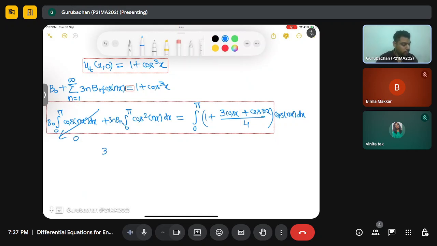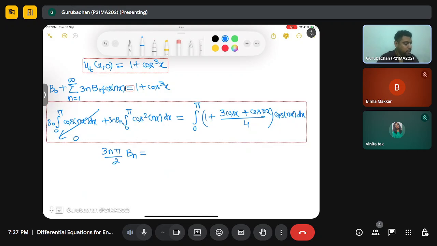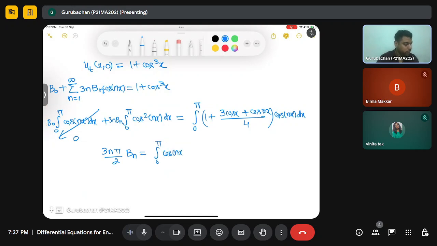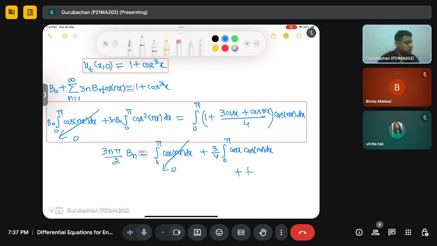This quantity will be 3n pi by 2 bn, and the first integral, the integral of cos nx from 0 to pi, will be 0, plus 3 by 4 times the integral from 0 to pi of cos x cos nx dx, plus the third term, 1 by 4 times the integral from 0 to pi of cos 3x cos nx.